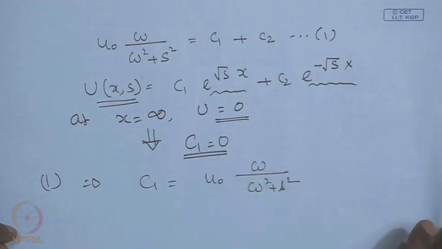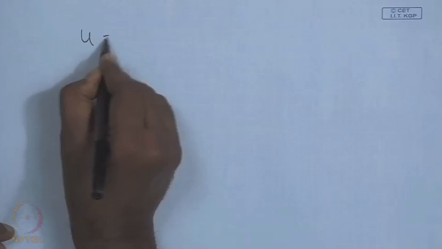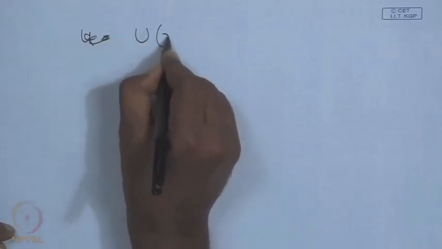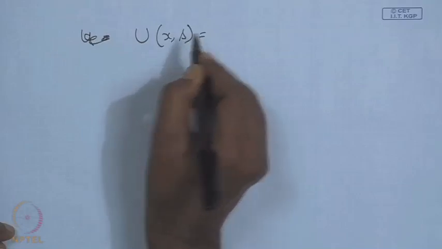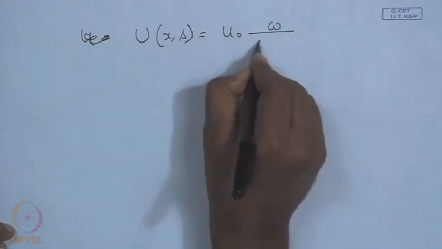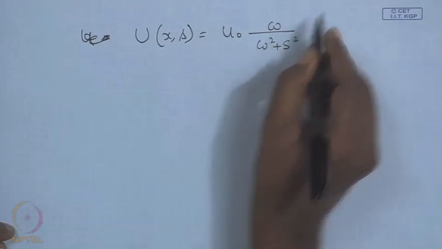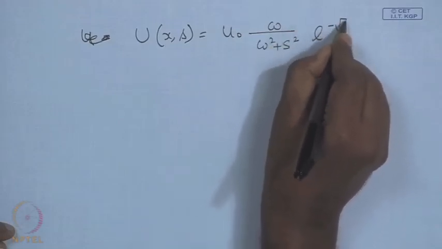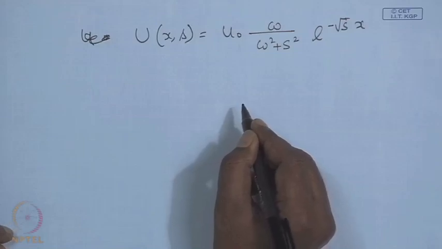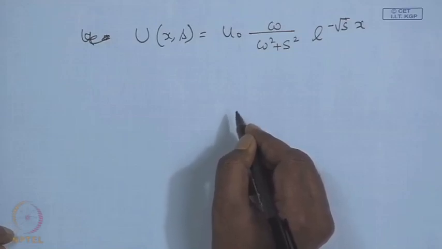So, now the solution in the x and s domain becomes u naught omega divided by omega square plus s square e to the power minus root over s x, because e to the power plus root over s x becomes infinitely large.